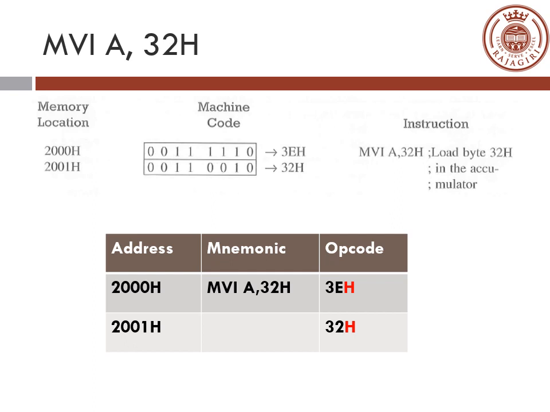So MVI A, 32H is a mnemonic or the assembly language code. That's how the programmer writes it, but the processor has to receive it as machine code.